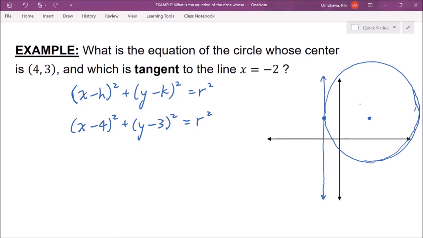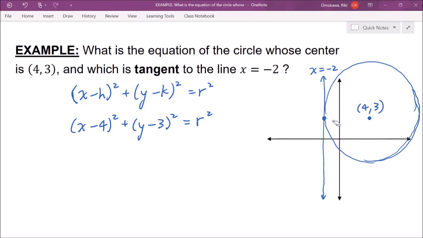The center is (4, 3), right 4, up 3, and this line is x equals -2. So from the 0 line, we're going left 2. Do you see how the distance from the center to the point where the circle is touching the line is the radius of the circle?